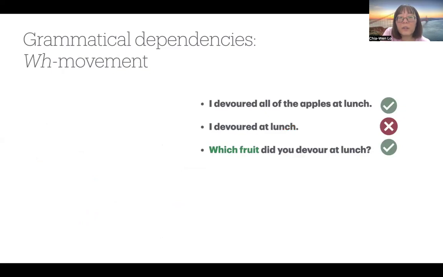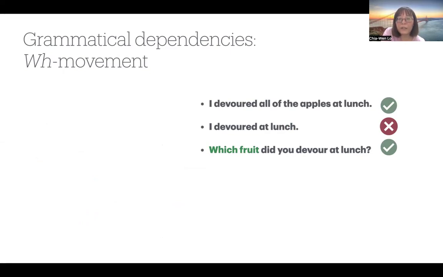And the second one is WH movement. For example, when we see the sentence "I devoured all of the apples at lunch," and we want to answer with a WH question, we may use, for example, "which fruit" to replace "all of the apples."